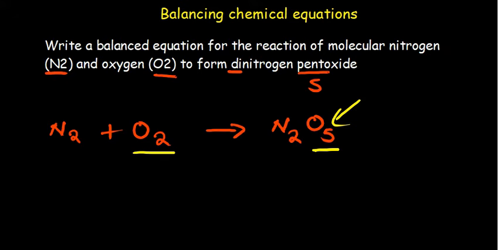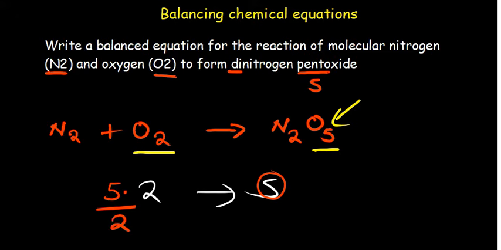So how do we get to balance that? The basic idea is we have 2 and 5. I can decide to take the bigger number, which is 5, and multiply against 2, but that would give me 10. So I'd have to put a 2 on the bottom, so that is 5 over 2. So 5 over 2 times 2, the 2's will cancel out, remaining 5.